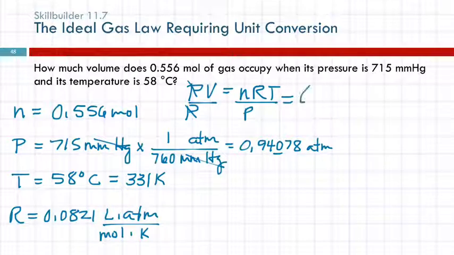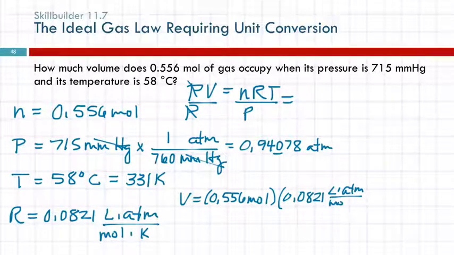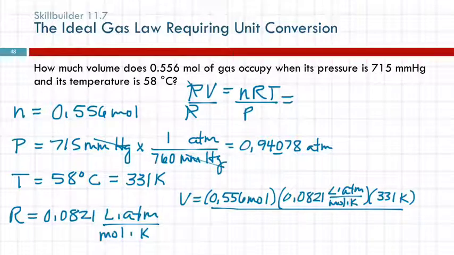Volume equals the number of moles, 0.556 moles, times the ideal gas constant, 0.0821 liter atmospheres per mole Kelvin, times the temperature in Kelvin, 331, divided by the pressure in atmospheres, 0.94078 atmospheres.